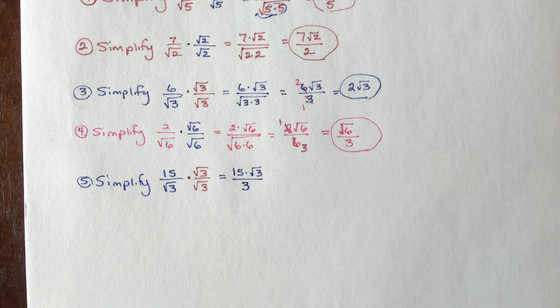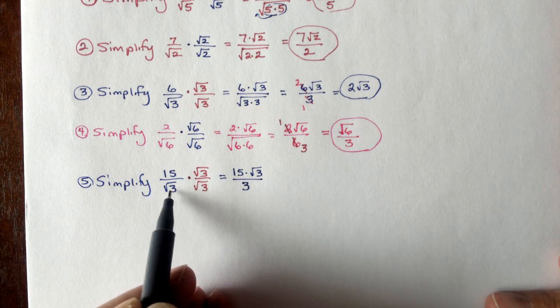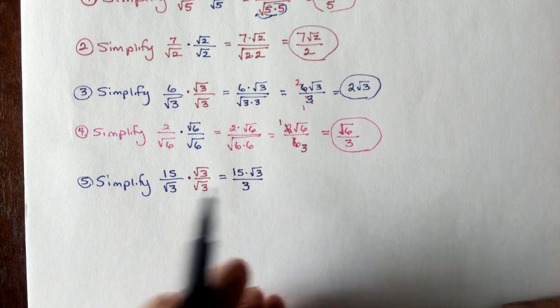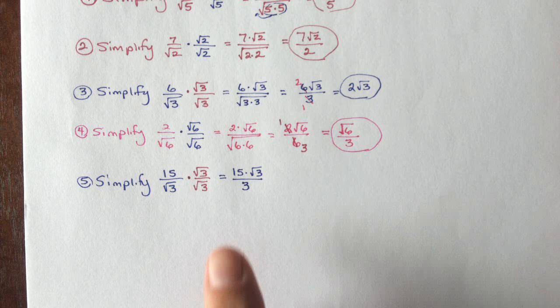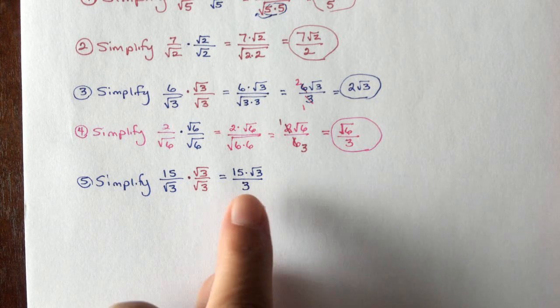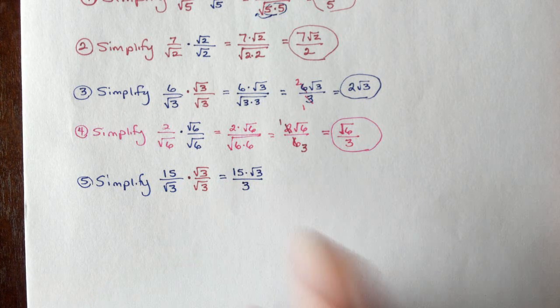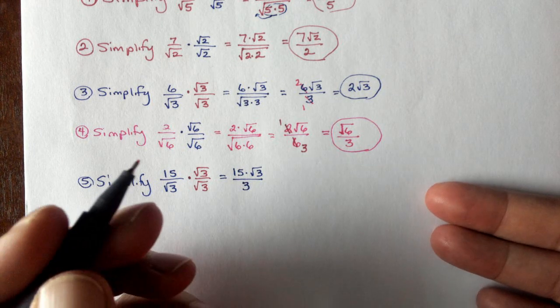The reason we use this process is so that we get a matching pair in the denominator, and matching pairs end up being whole numbers. So it looks a little less messy if we can skip a step there and go straight to the whole number. Now I see a 15 over 3, and 15 over 3 is simplifiable because 15 and 3 are both divisible by 3.